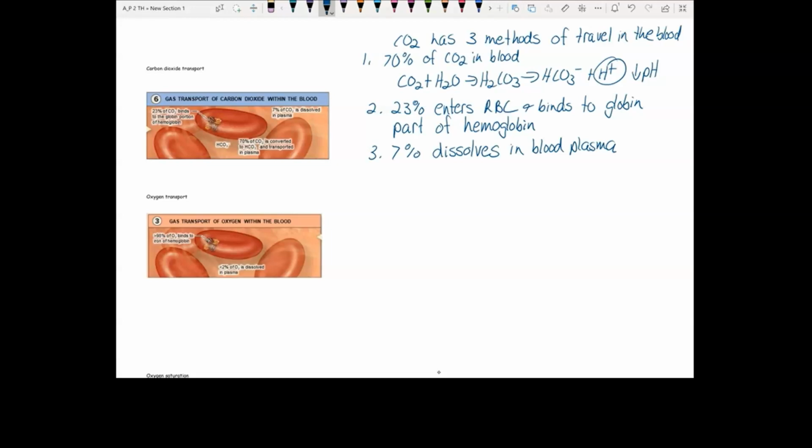Then if we look at oxygen, oxygen has 2 ways it travels in the blood. Oxygen has a low solubility.